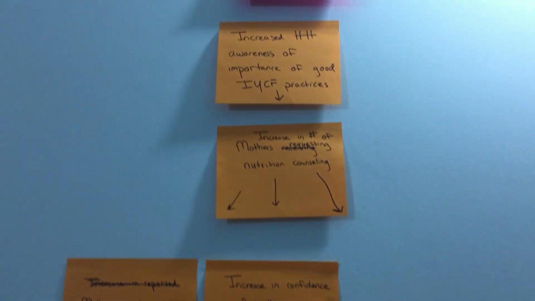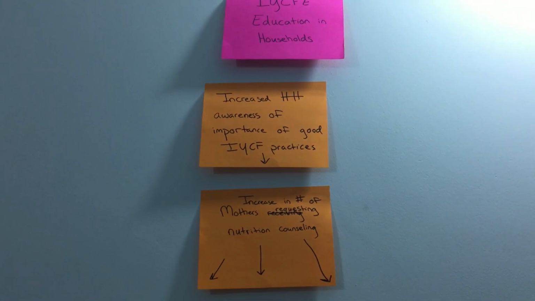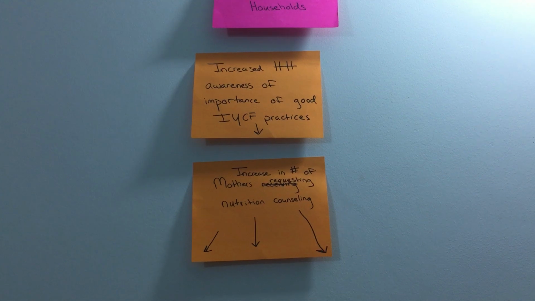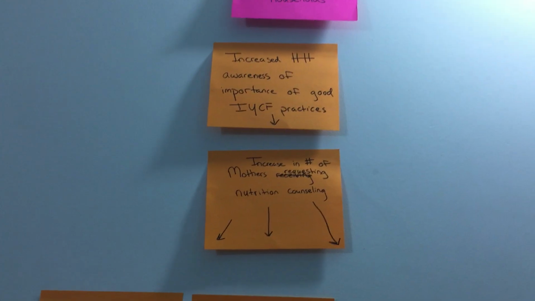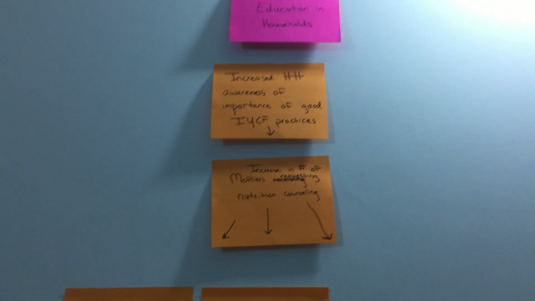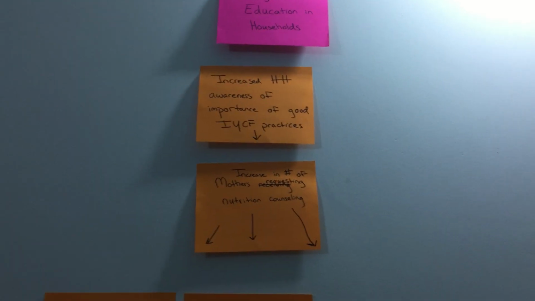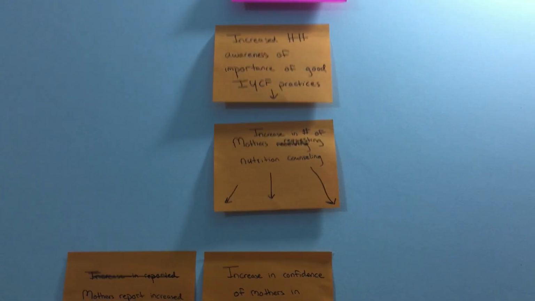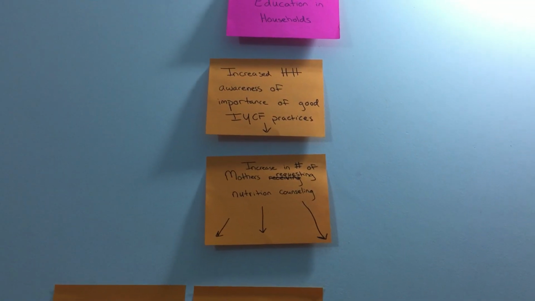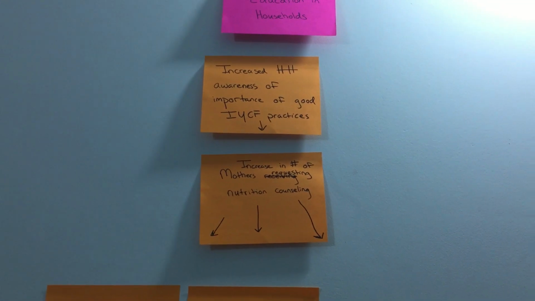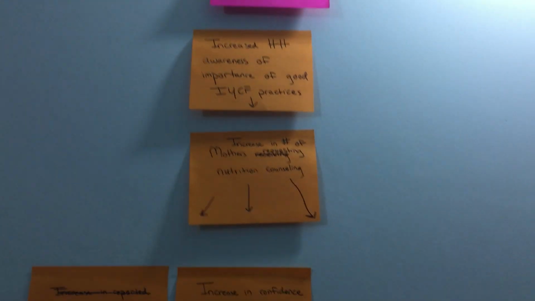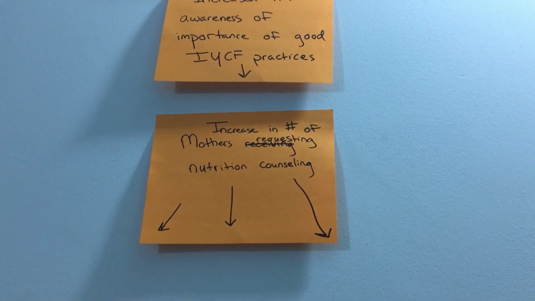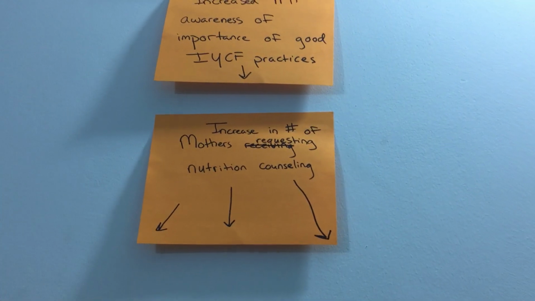So going through this outcome map, I have the first outcome as an increase in household awareness of the importance of IYCF practices. This outcome, I believe, is not going to be a good one to measure because awareness is really only the beginning stage, and it's not important to me that they're aware. What's important to me is what comes out of their awareness, which is their request for nutrition counseling.